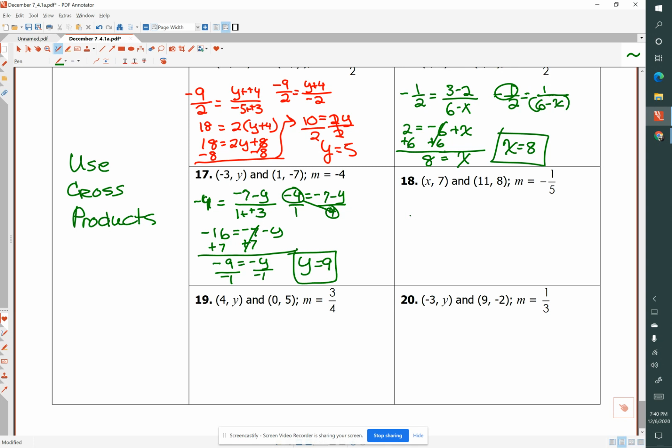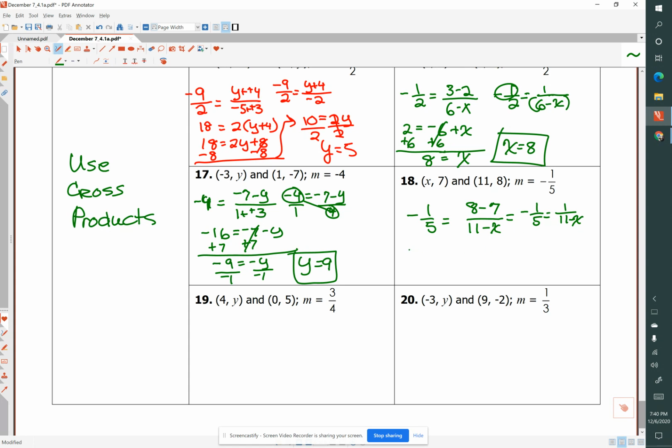And then number 18, negative 1/5. So is y2 is 8 minus 7 over 11 minus x. And we can rewrite that as negative 1/5 equals 8 minus 7 is 1 over 11 minus x.